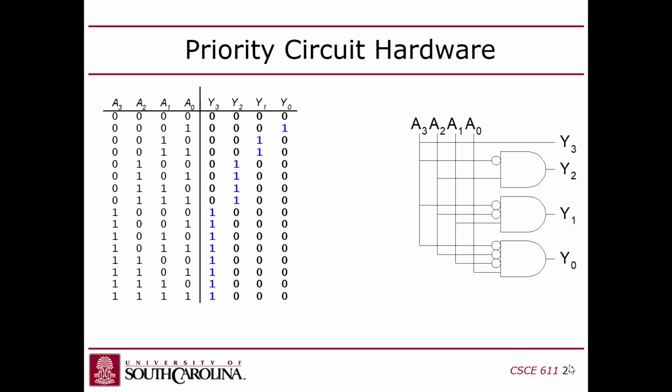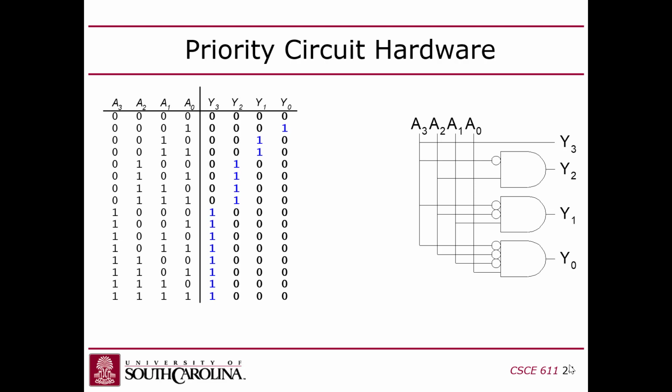Okay, so one way you can build something like this is you can convert it to gates, where if bit 3 of the input is asserted, that would be connected directly to Y3. And then Y2 is going to be not A3 and A2, right?